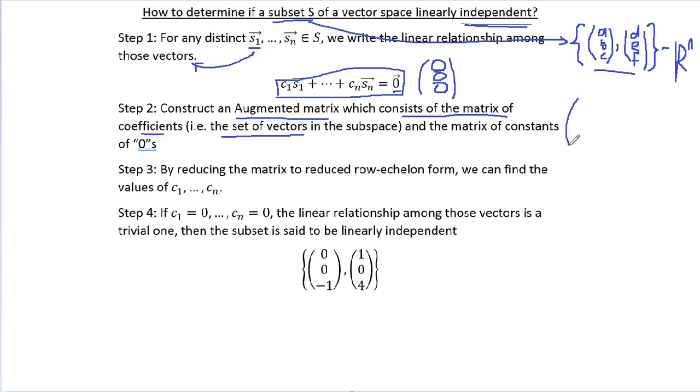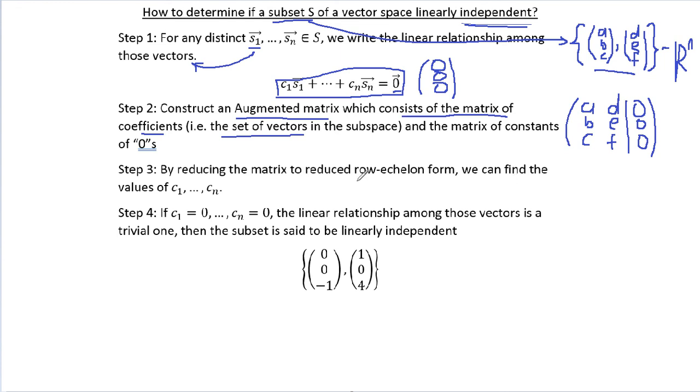So for example, in this case, we have two sets of vectors. So we can write in this form: A, B, C, D, E, F. And this 0 here, we can write as 0, 0, 0. So this is my augmented matrix. And now we have already learned how to reduce the matrix to reduced row echelon form.